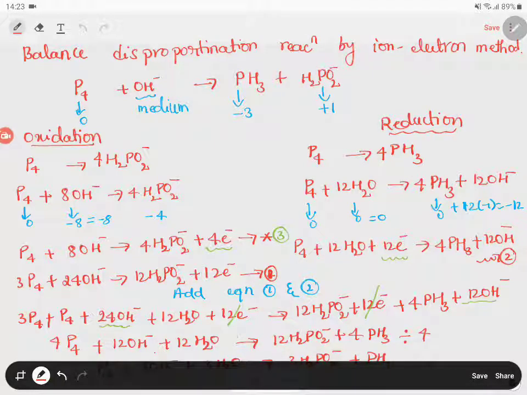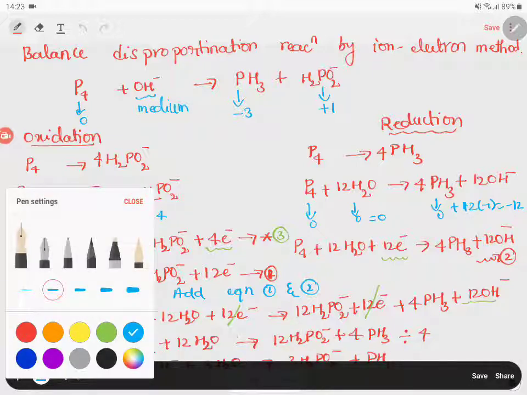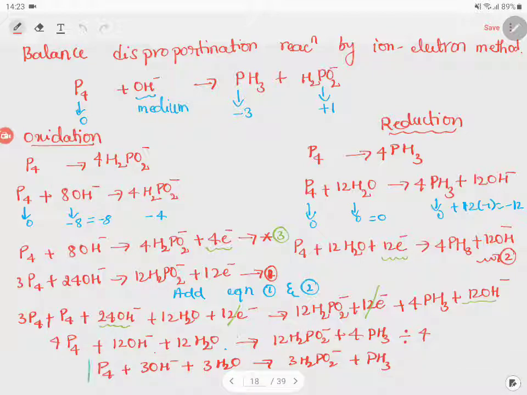Therefore, the balanced chemical equation is this P4 plus this and this. So this is how the disproportionation reaction can be solved. Thank you.